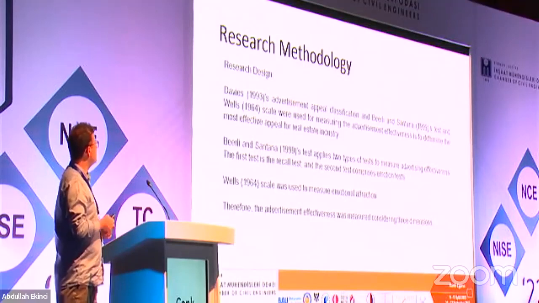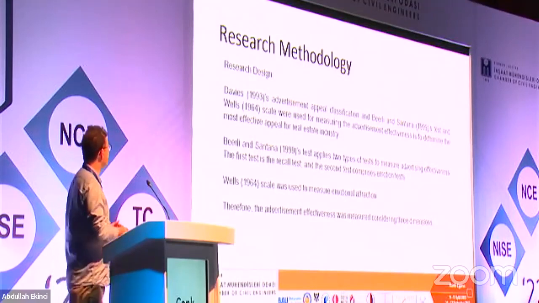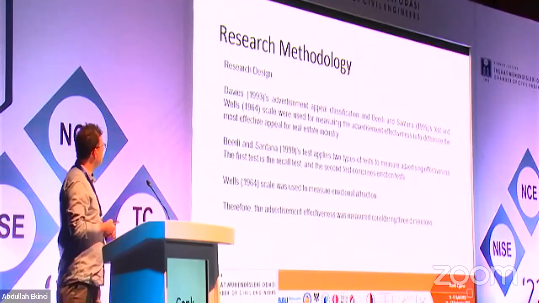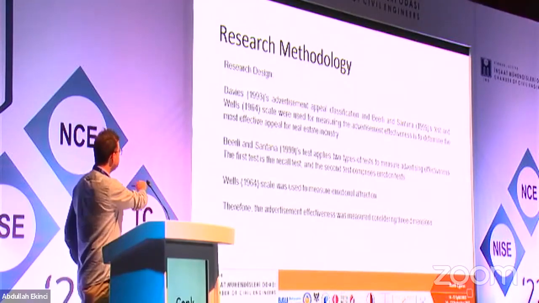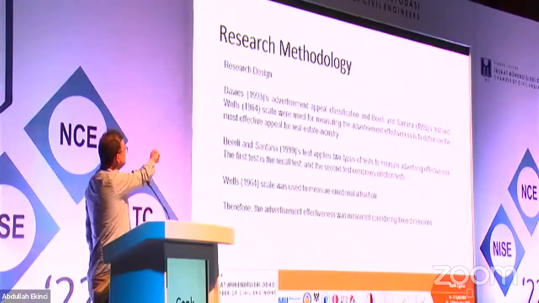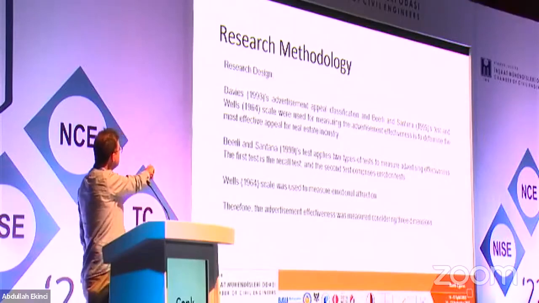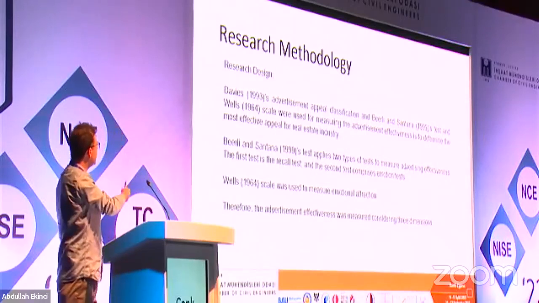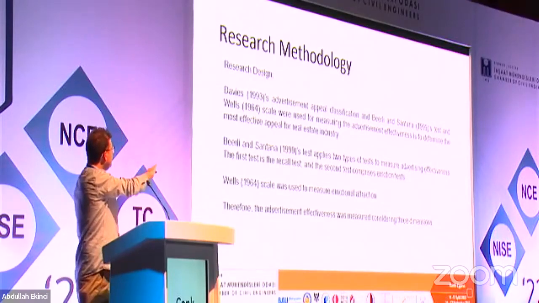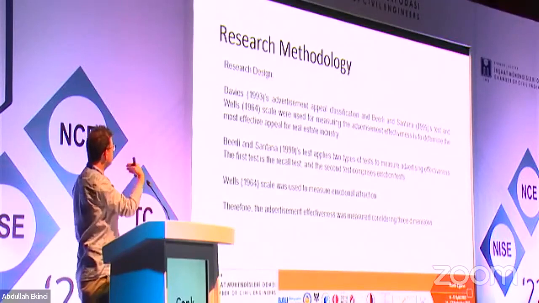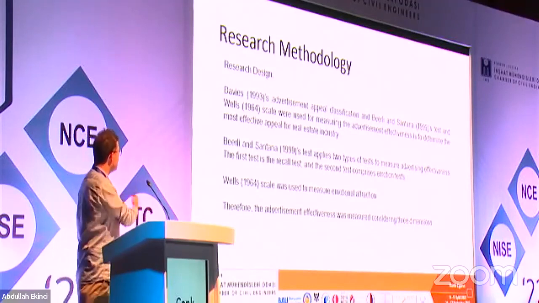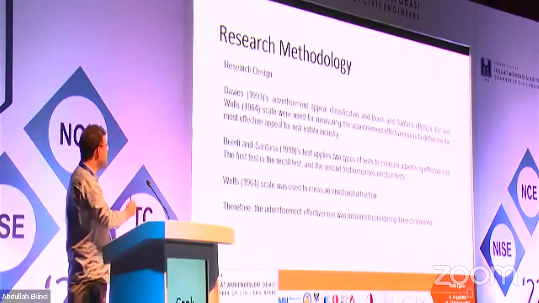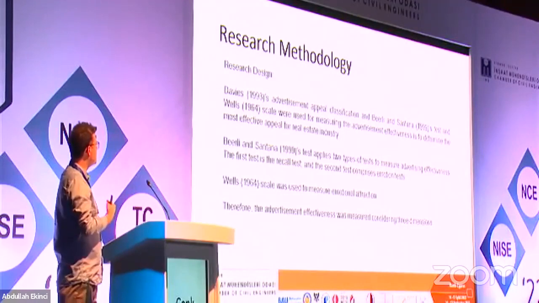When we check the research design, as I said before, we consider the Davis advertising appeal classification. Also, there is a scale which is developed by Budayan, Cenk and Wells. Based on their scale, we use 14 criteria to measure the effectiveness of the advertisements.